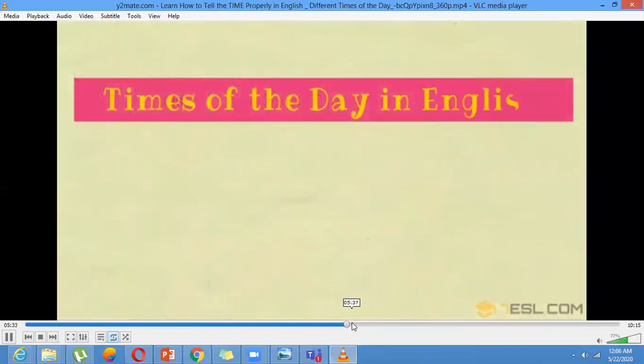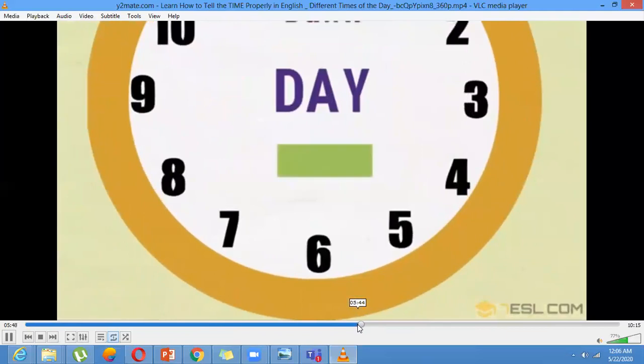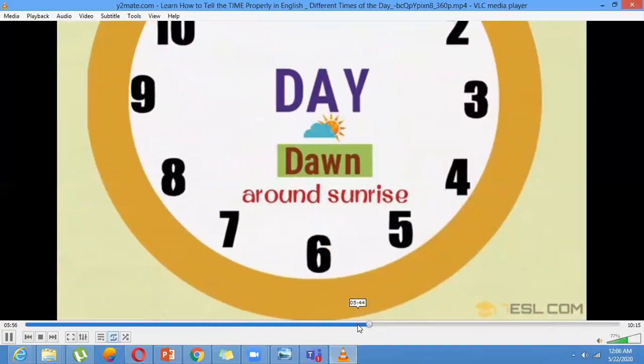Now we are discussing times of the day in English. Now the day starts with dawn. And which time is dawn? It's around sunrise. Almost 2 hours before sunrise is dawn.